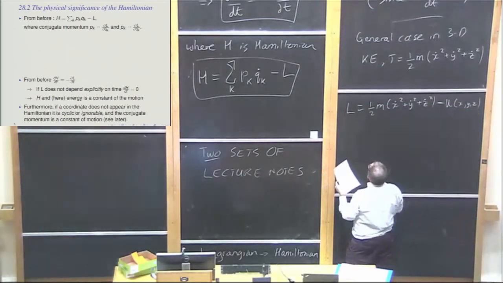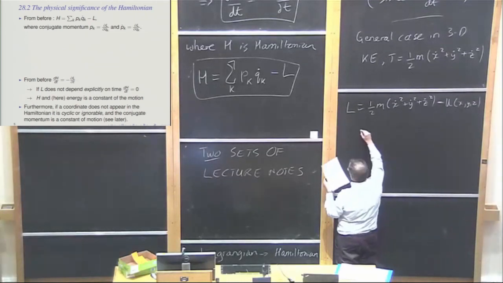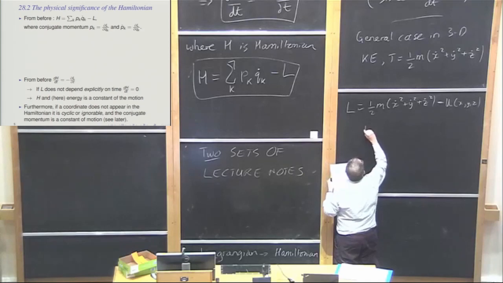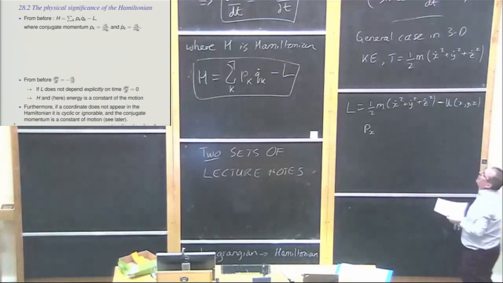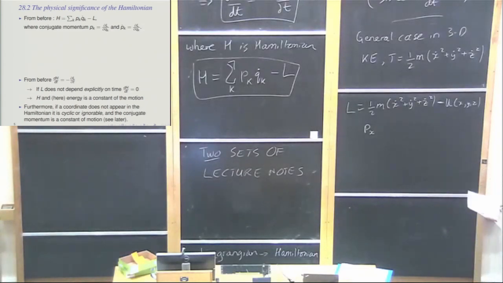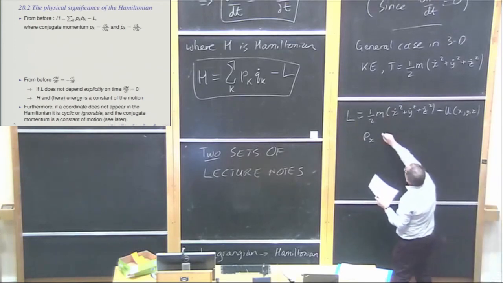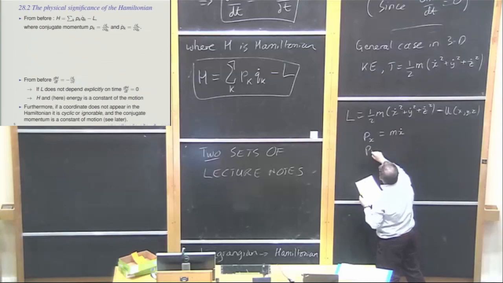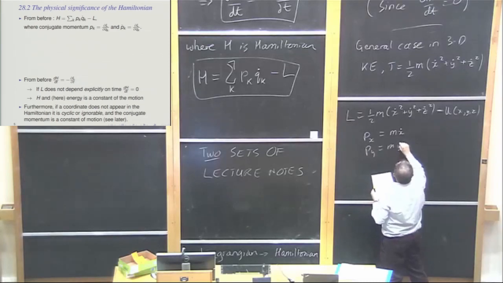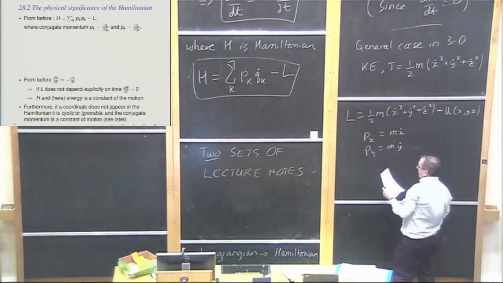So we know that p x, for example, is just L differentiated by x dot, which is m x dot, p y equals m y dot, etc., that you know.